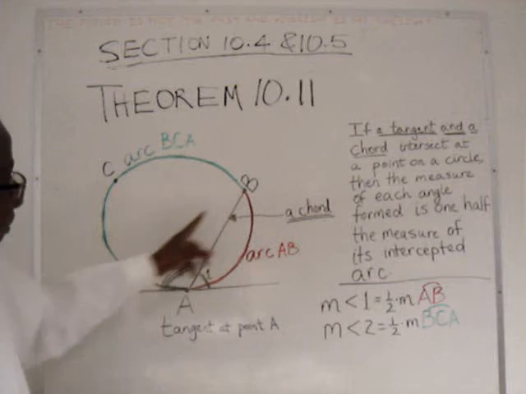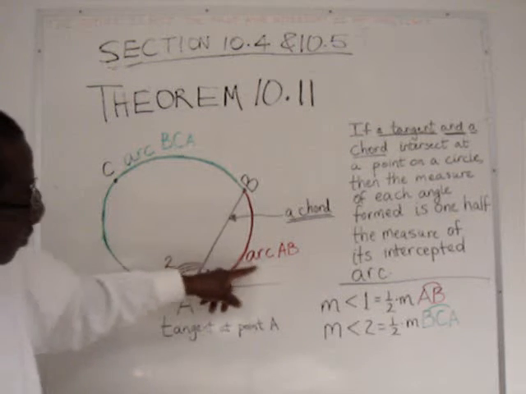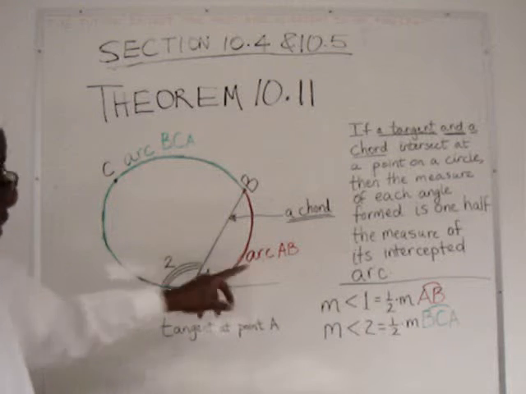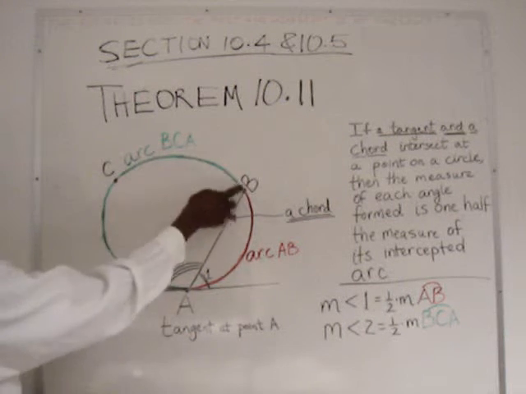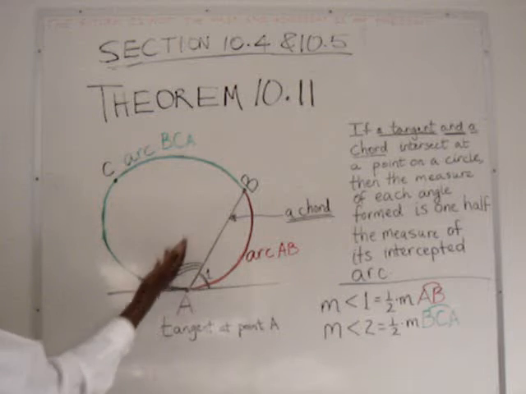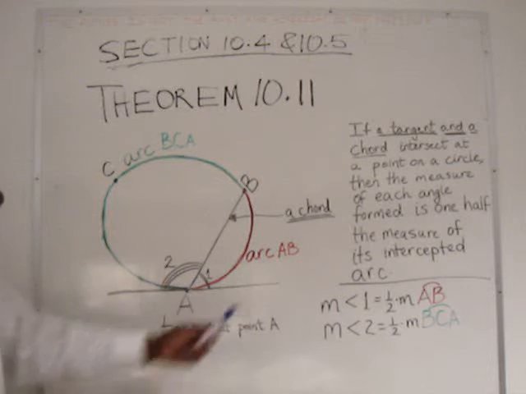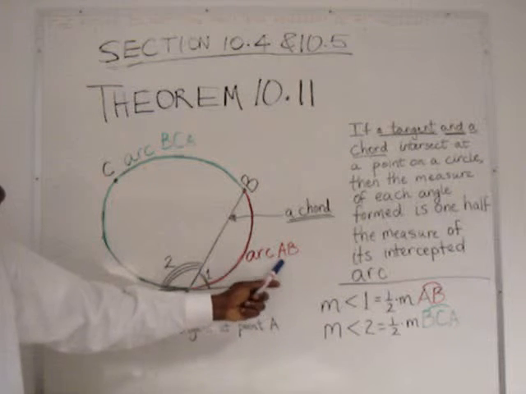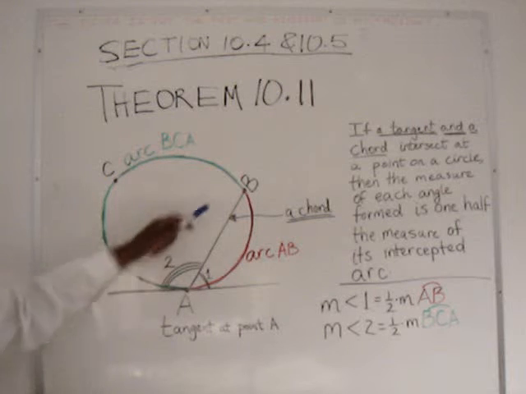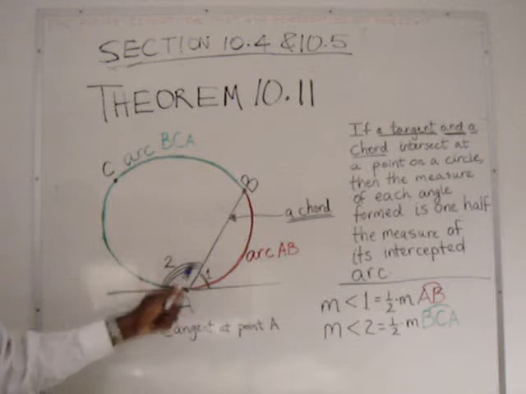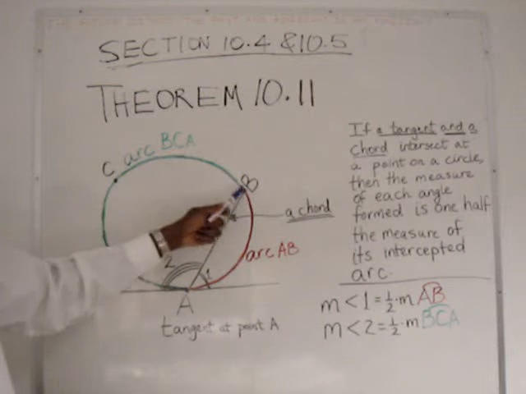Remember now, the measure of arc AB is what? You come back to the center. It's a central angle to find measure of arc AB, and also to find measure of arc BCA is also the central measure. But of course, if you know the measure of arc AB, then you just subtract that from 360 degrees to find the measure of arc BCA, because that's the remaining of the circle.